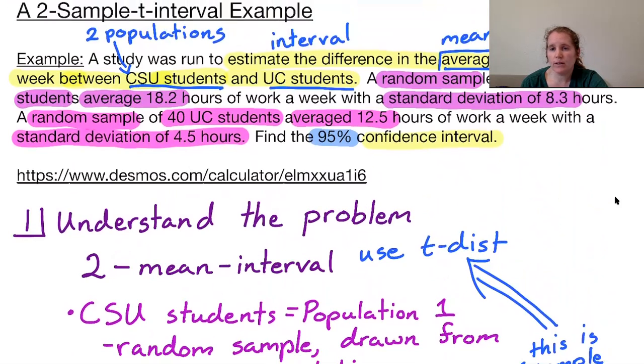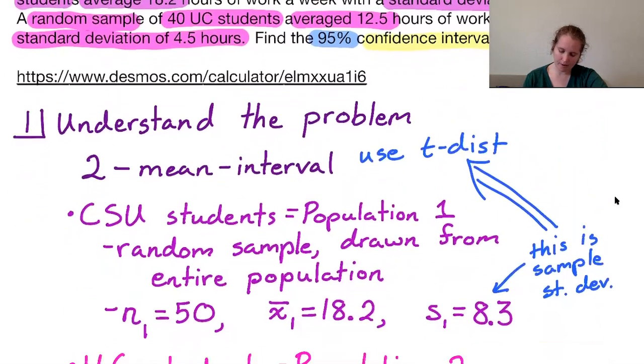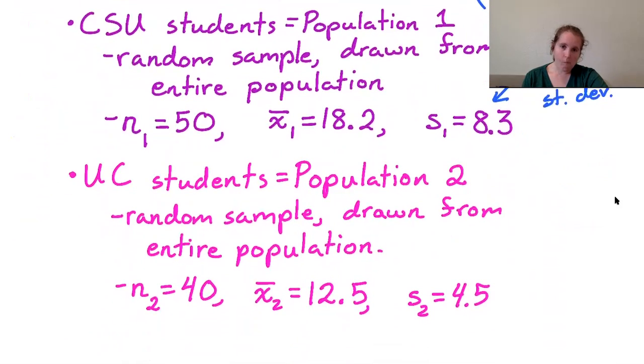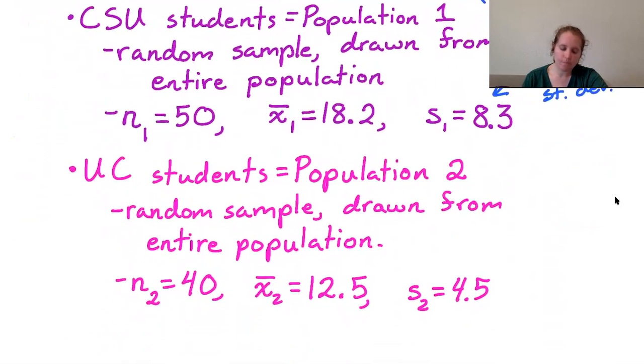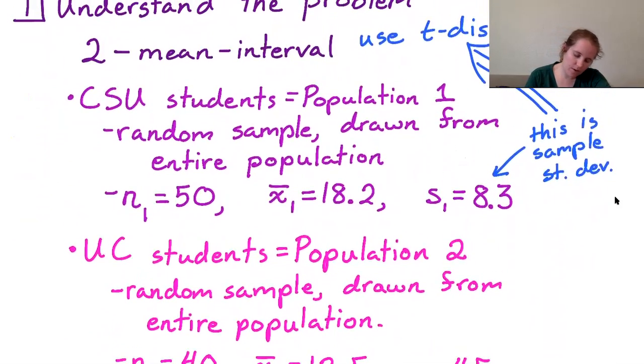Averaged 12.5, that's X2 bar, and standard deviation of 4.5, that's S2. The other piece of information we have is that we're doing 95% confidence as the question requests.